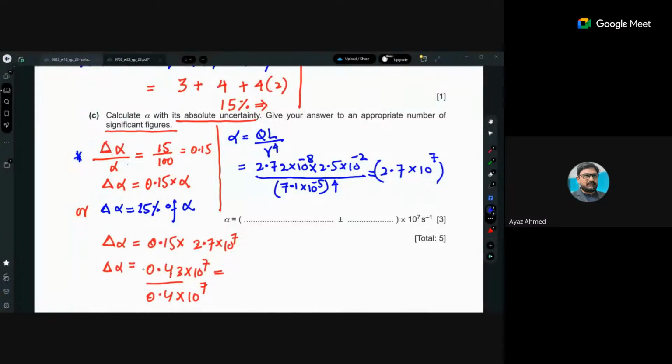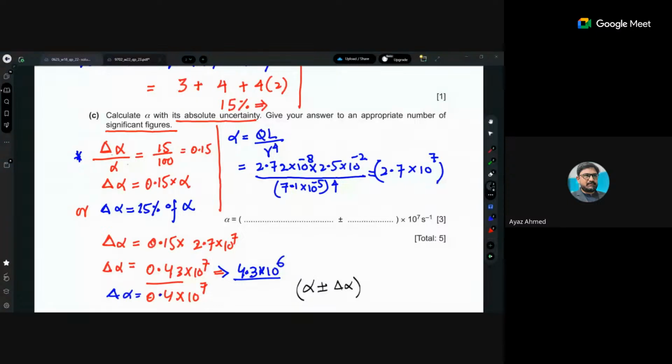You are having the value 0.43 something into 10 power 7, and I have just converted it into one significant figure. So that is your delta alpha. When you are going to write the answer, it would be written as alpha plus minus delta alpha. This is the final format for your answer.